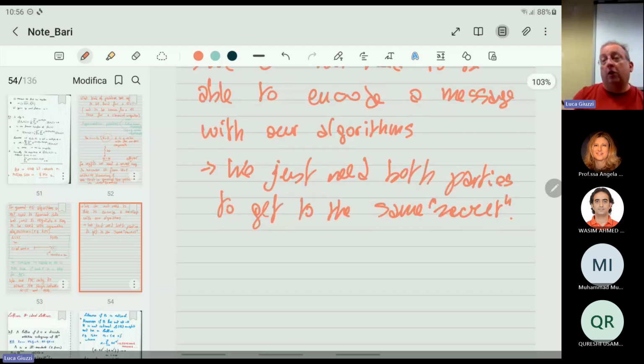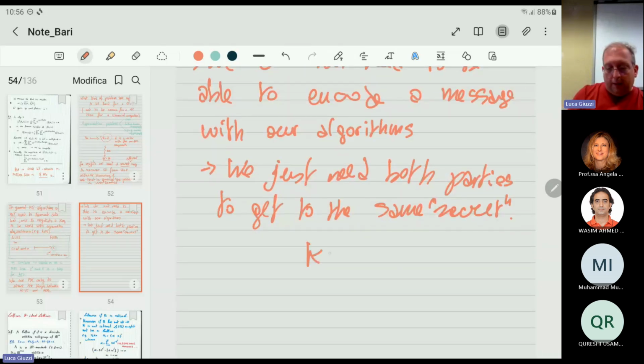So the algorithms we shall consider are called KEP, where this abbreviation stands for Key Establishment Protocols.